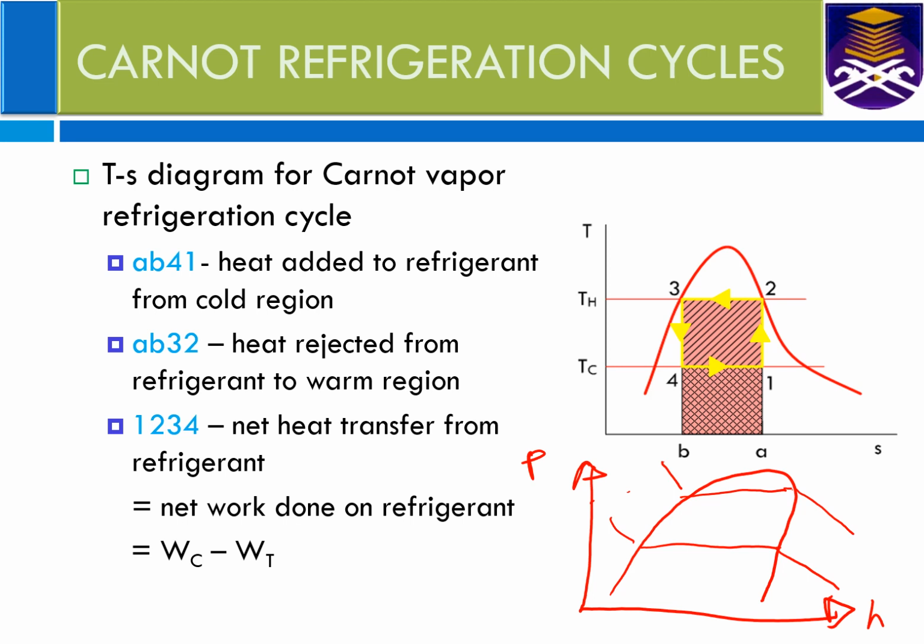So the net work done is the work done by the compressor minus the work done by the turbine.